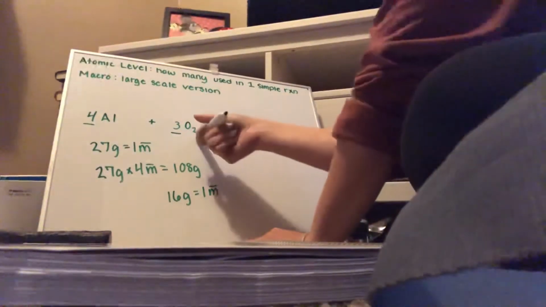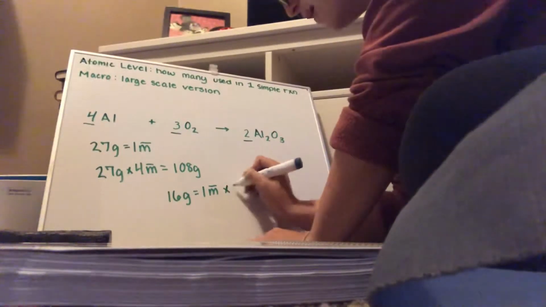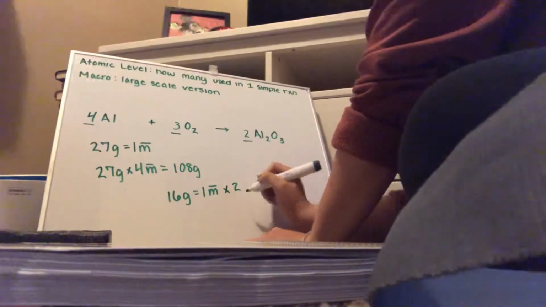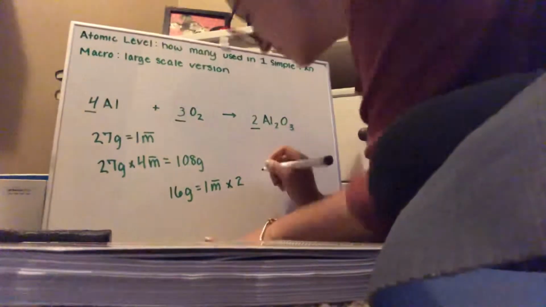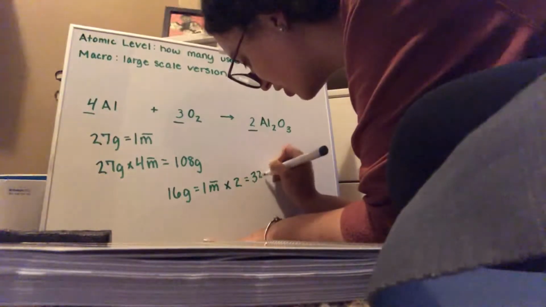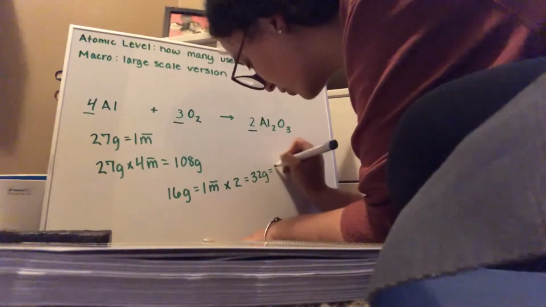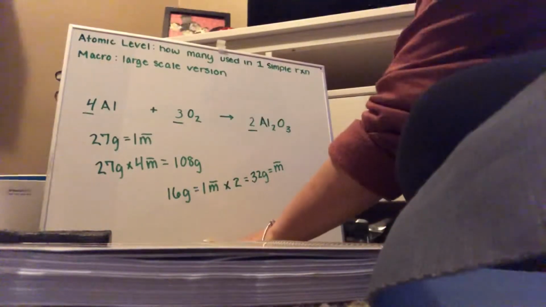But you have to recognize that you have 2 atoms here. So you need to multiply that by 2, and that is going to give you the 32 that she has there. And 32 grams is going to equal your 1 mole of oxygen.